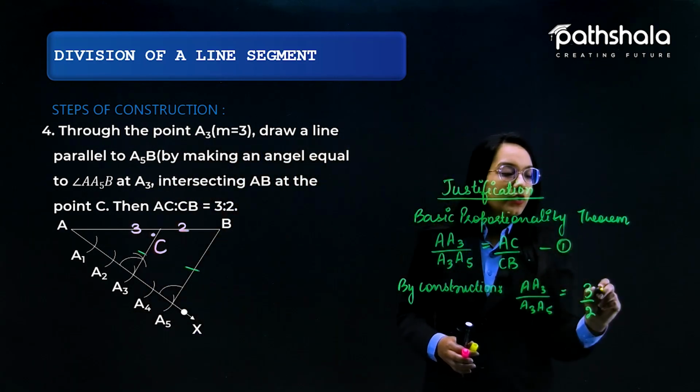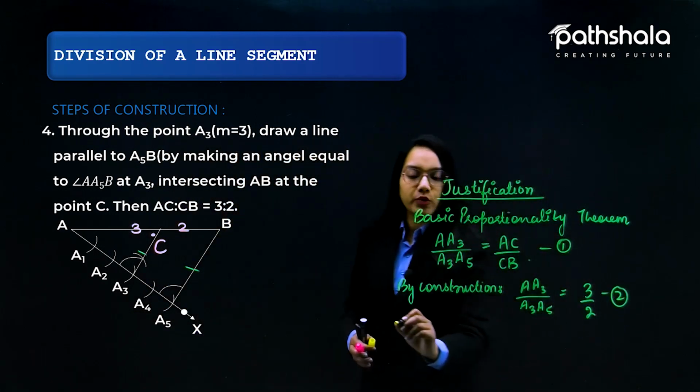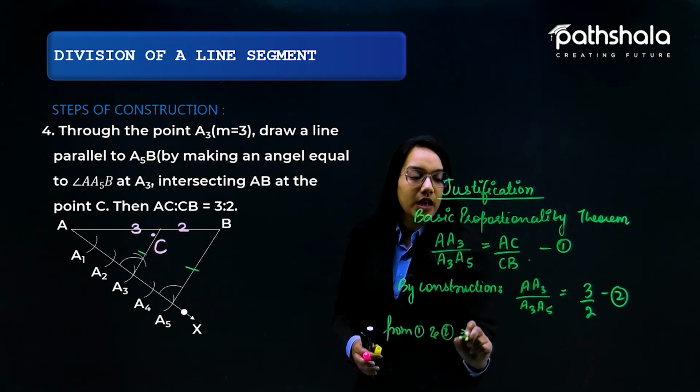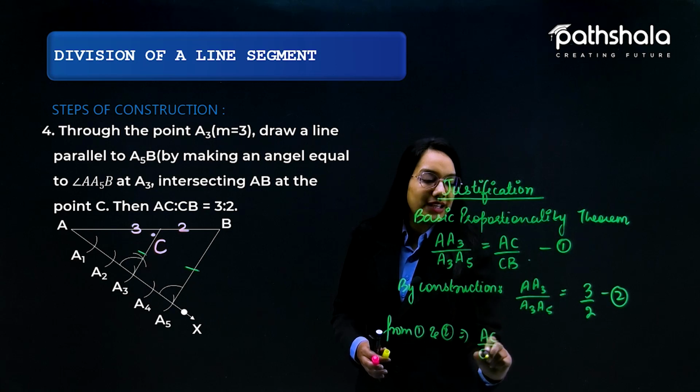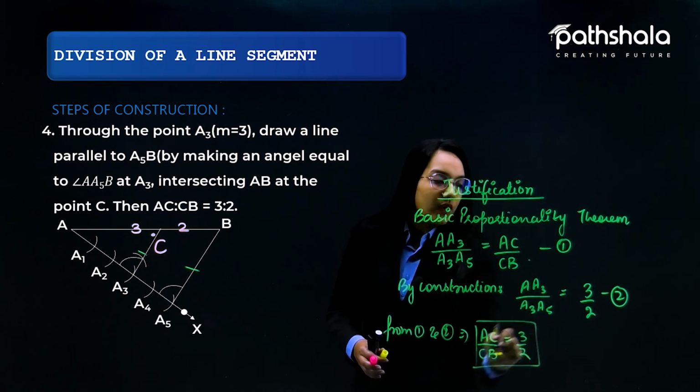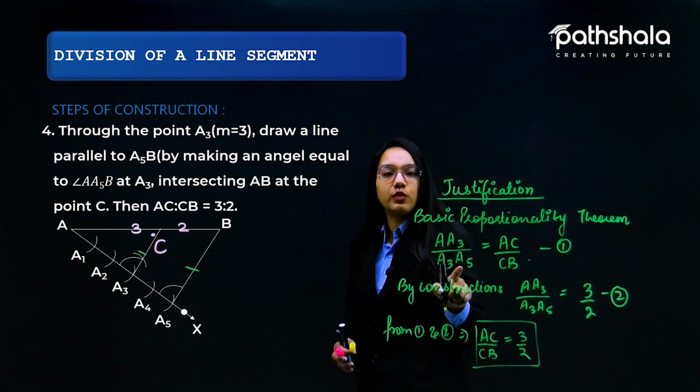So using equation number 1 and equation number 2, we can say that AC by CB is equal to 3/2, because if this is equal to 3/2, this is also equal to 3/2.